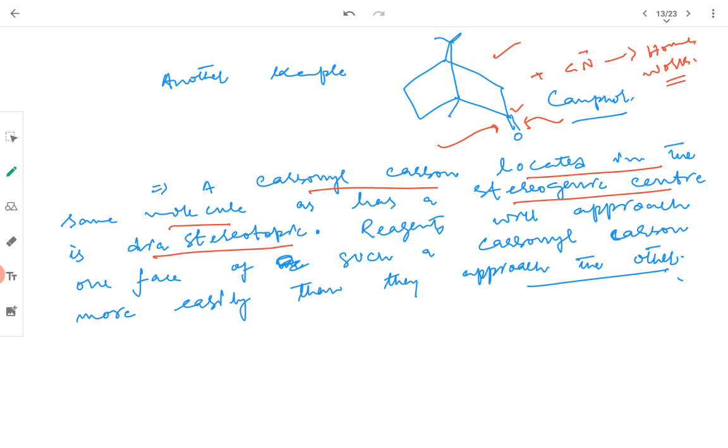This is the stereogenic center here, and this carbon is adjacent to this stereogenic center. So reagents will approach one phase of such a carbonyl carbon more easily than the other. These two phases of this molecule will be approached by the reagent in different capacities. That's why they give rise to different diastereomers.